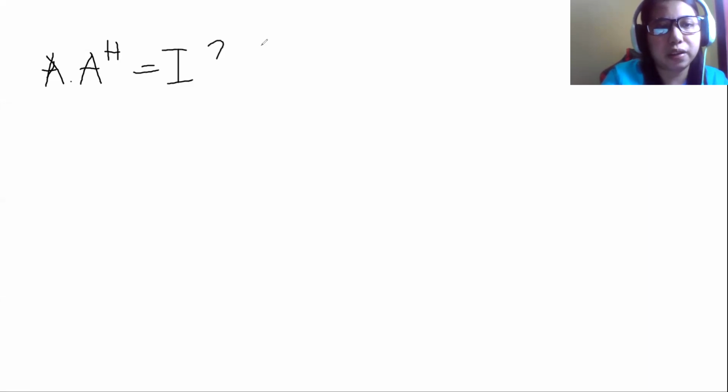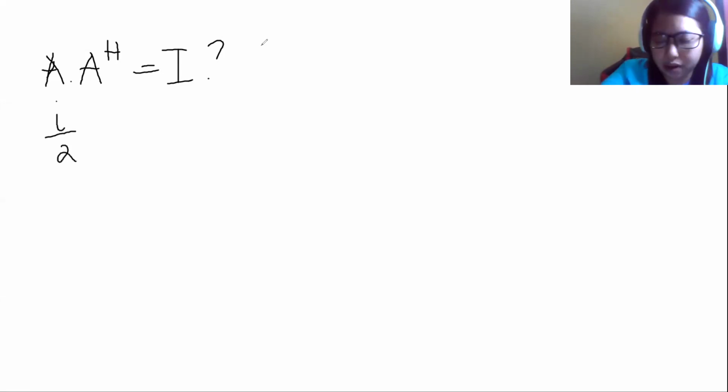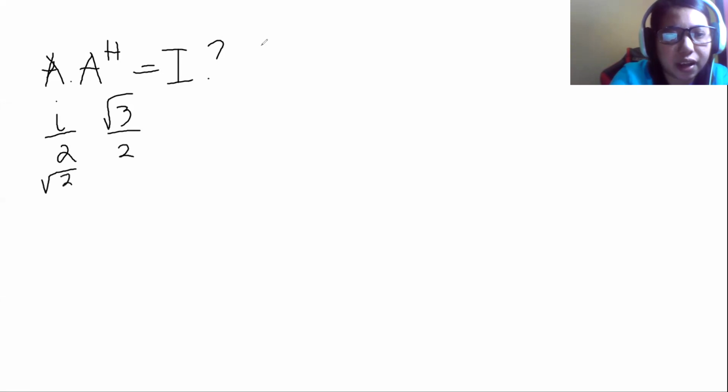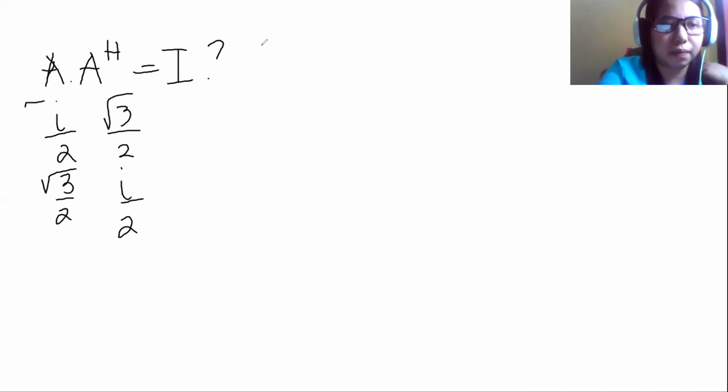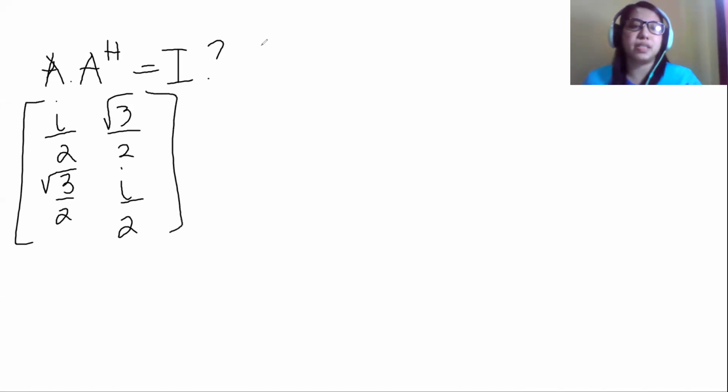So again, the given value is A multiplied by A^H. So we are going to find out if it is equal to I. And A is i/2, square root of 3 halves, square root of 3 halves, and i/2. Okay, this is our A.